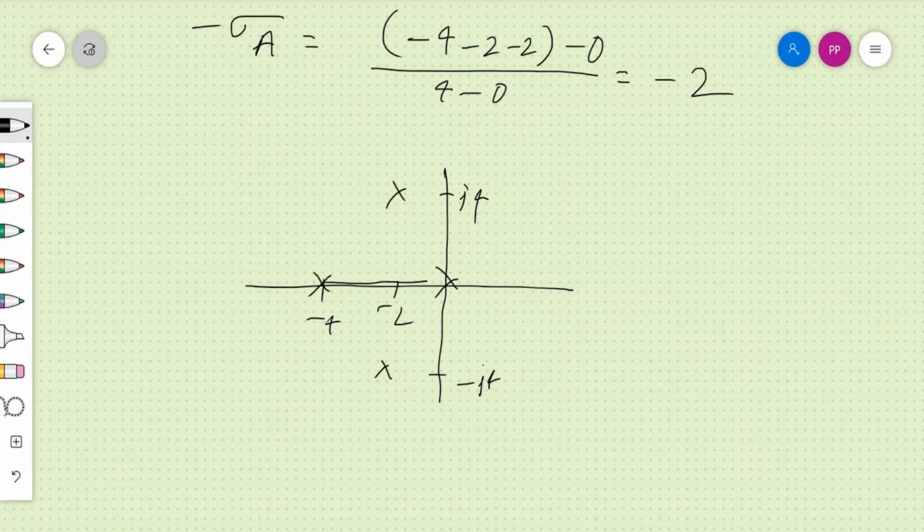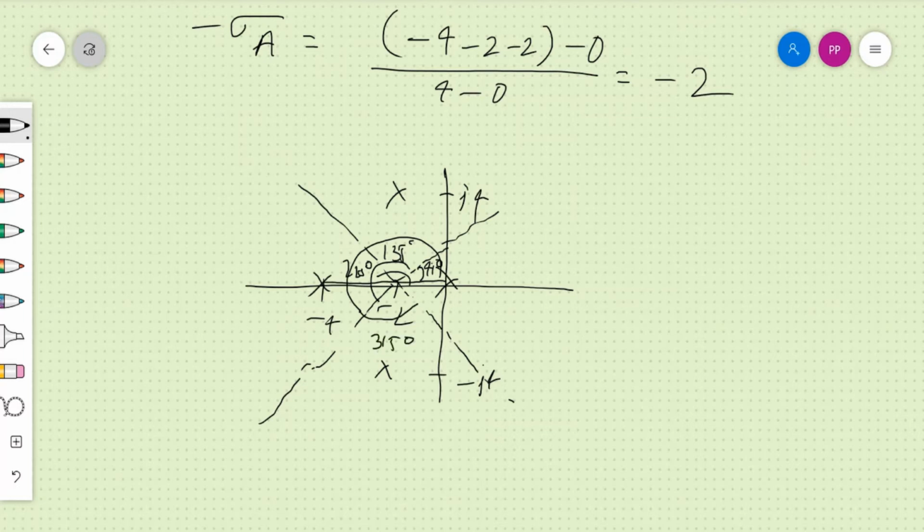This is the plot, and we see the asymptotes starting at 45 degrees, 225 degrees, then 135 degrees, all at 45 degree differences, right? So we can write here 45 degrees, here 135 degrees, then 225 degrees, then 315 degrees.